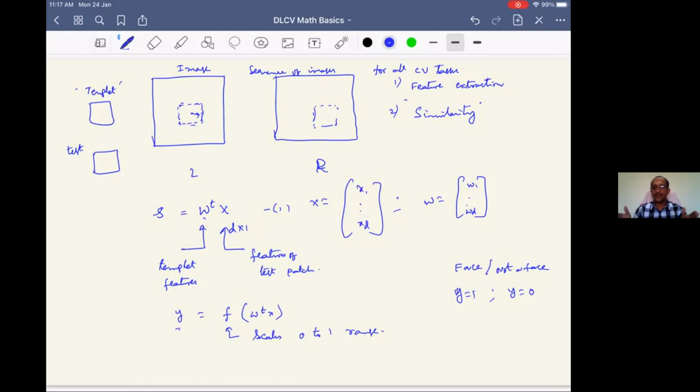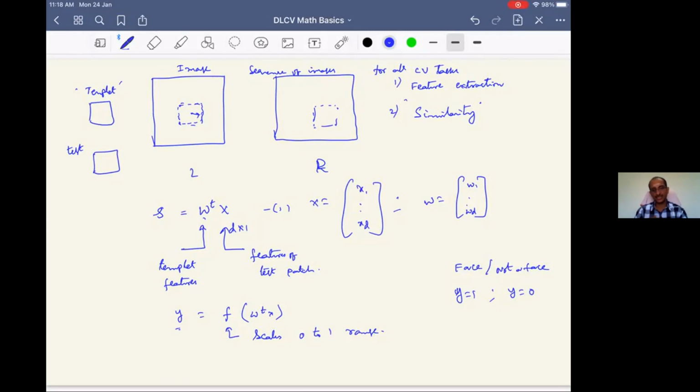I may have hundreds, or tens of thousands of representations for the template, and W has to be representative of all of these. Sometimes a single representation is not sufficient, but to simplify, assume W captures the whole variation of that class. If I am classifying face versus non-face, W has to capture the variations of all faces, and W transpose X has to give a very high score, or f of W transpose X has to be 1 for a face.